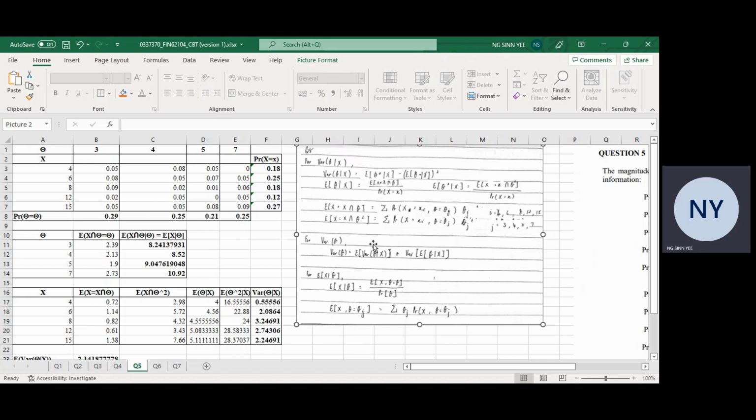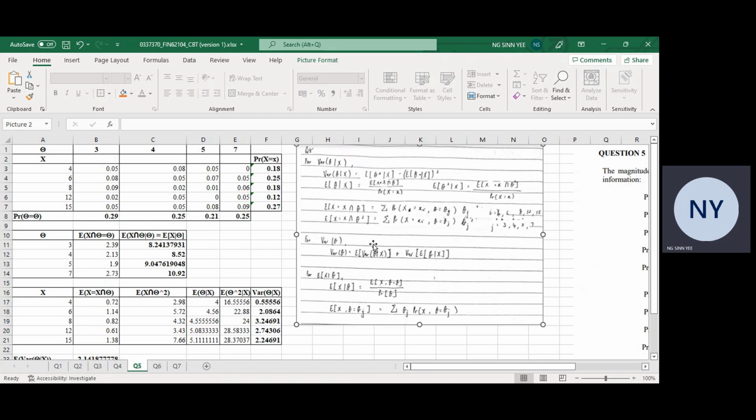For the expected value of theta given x, we find the joint expected value of x and theta, and we divide it by the probability of x accordingly, because that's how conditional expectation works.